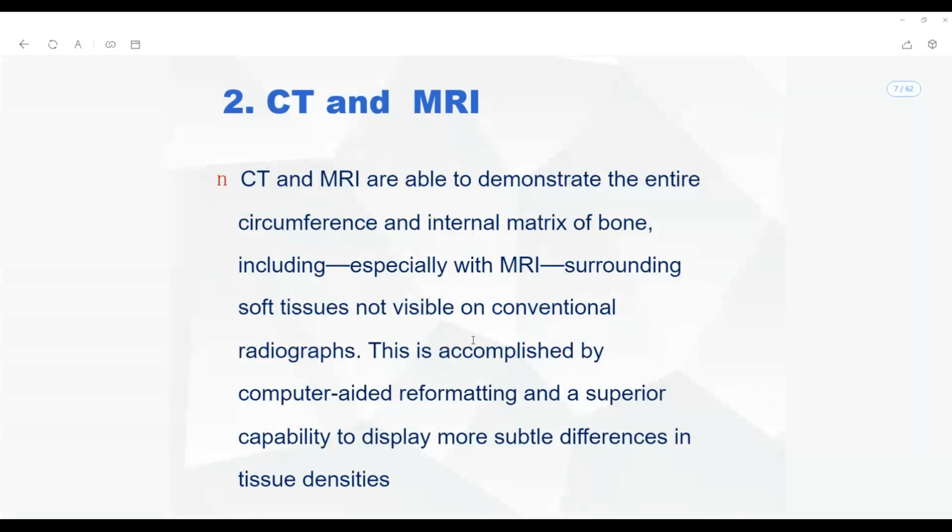The same benefits the conventional radiography has on the bones also apply in CT, but you are looking at it in a sectional view. But MRI also provides much more information.